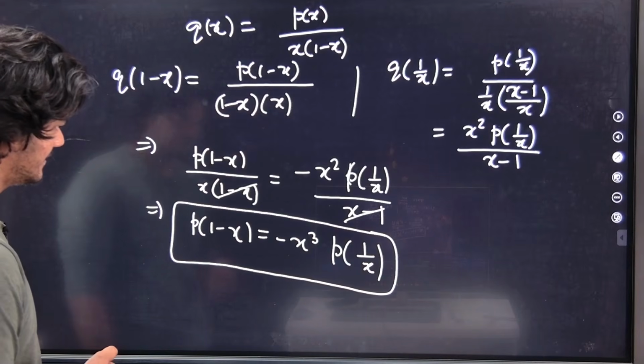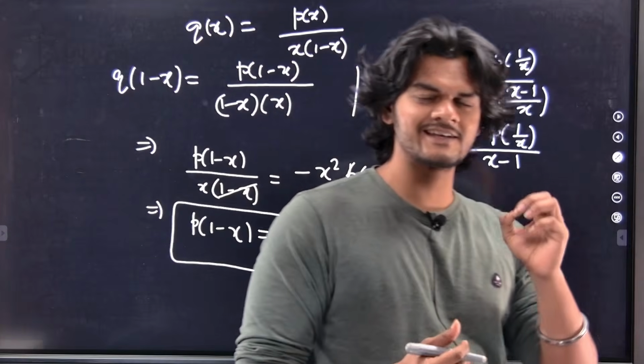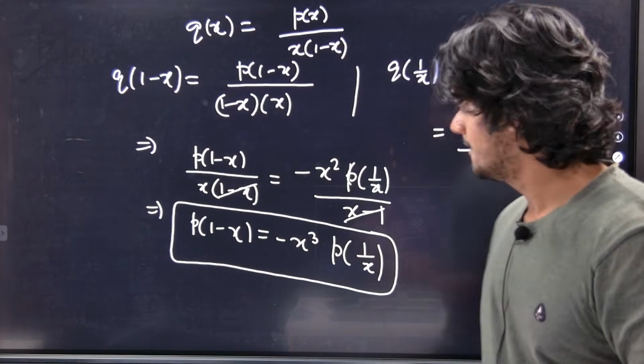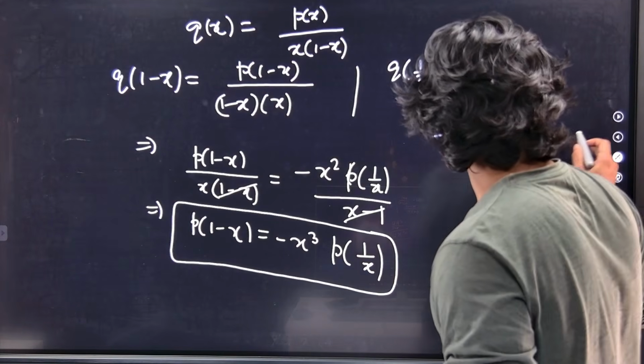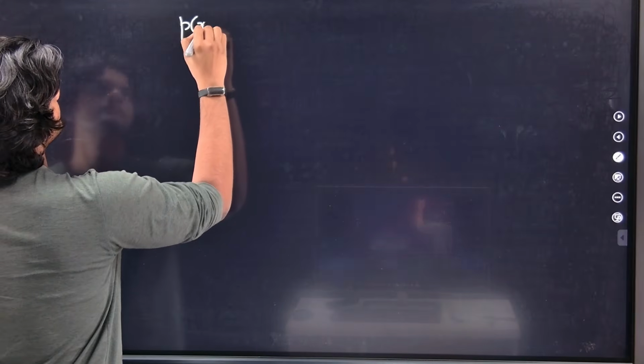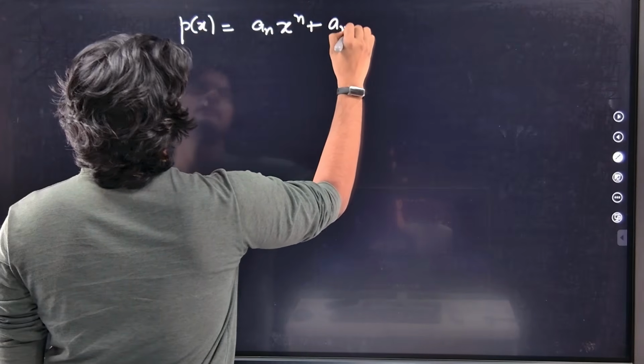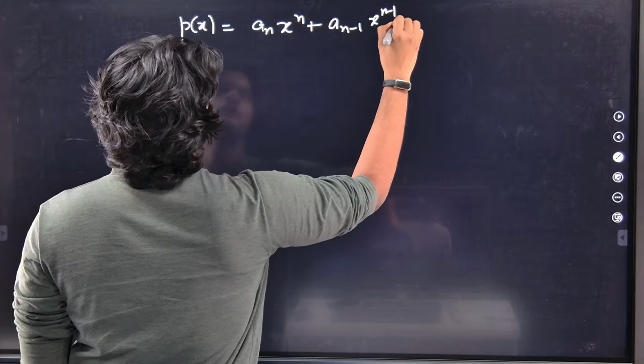Okay. Now, this tells us a lot of things about p of x. Now, remember, p of x is a polynomial, right? So, because it is a polynomial, p of x can be written as a n x power n plus a n minus 1 x power n minus 1, and so on.